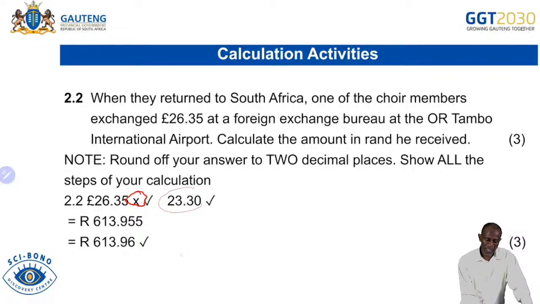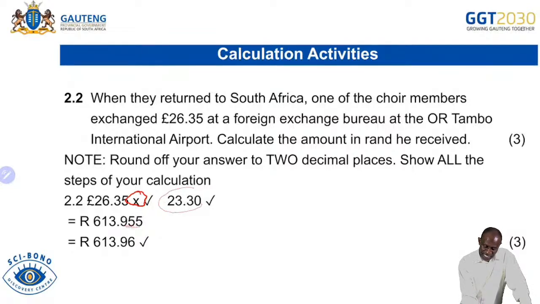It will amount to 613.955. We don't have this kind of figure in cents, so we have to round it off to 2 decimals.